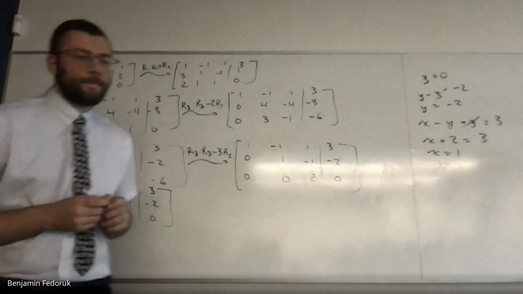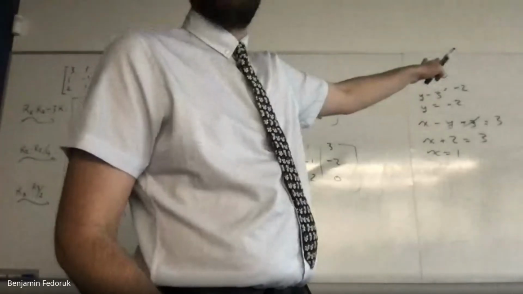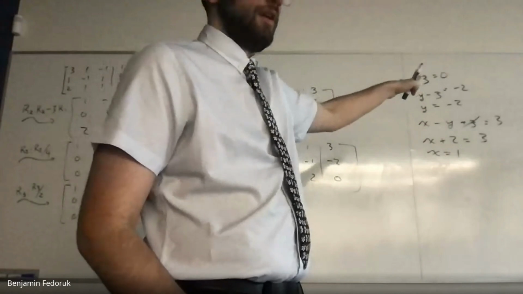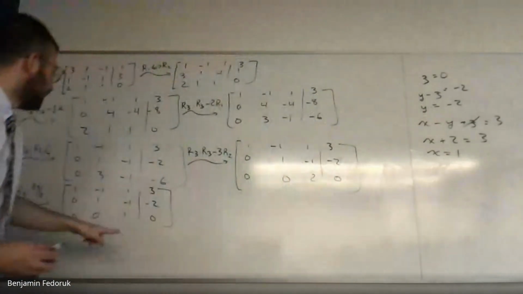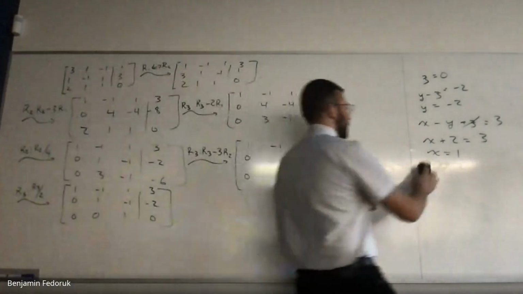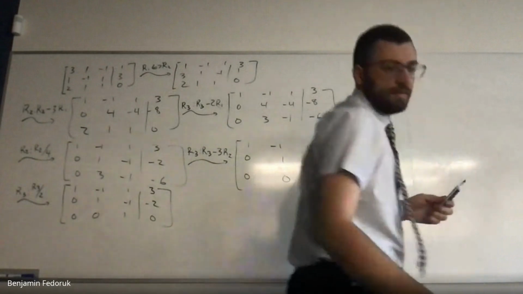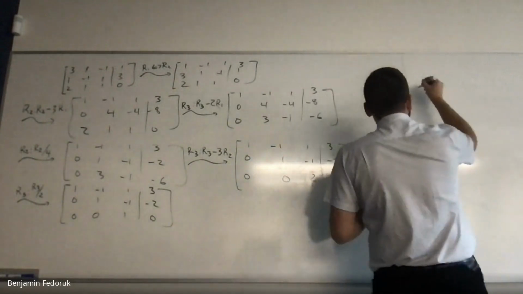Cool. Okay. Instead of this, we could use a second method called Gauss-Jordan elimination. In Gauss-Jordan, we don't stop here. We keep going, and we go to RREF. So that means we need zeros above as well as below. So I'll do that over here.